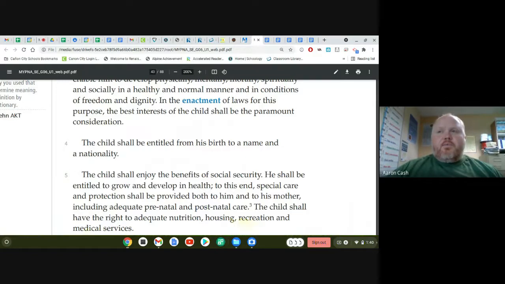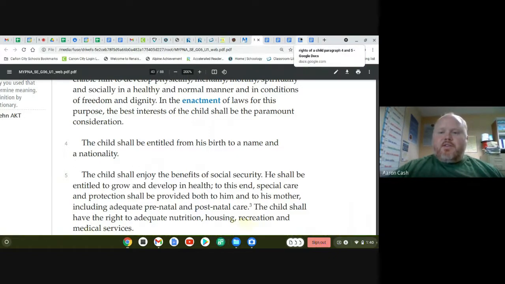And when they don't have a name to connect with themselves, they're treated more like objects than like people. So by having a name, we're not treating a child like an object, we're treating them like a human being. Okay. And they need to have a nationality or some kind of group that they can associate with, that they have connections to. Those things are important in a child's life.